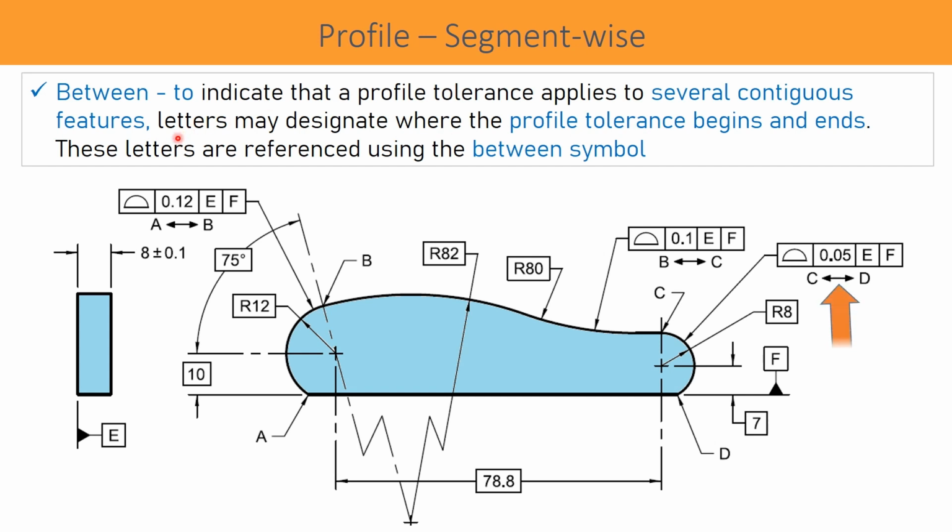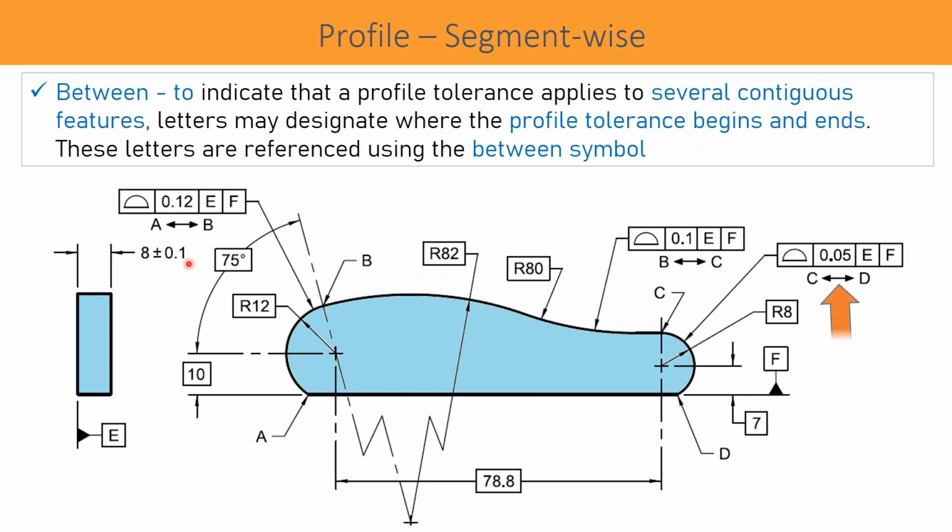Contiguous features you can see here: a small radius, then the profile line from B to C, and letters are used to designate where the profile tolerance begins and ends.